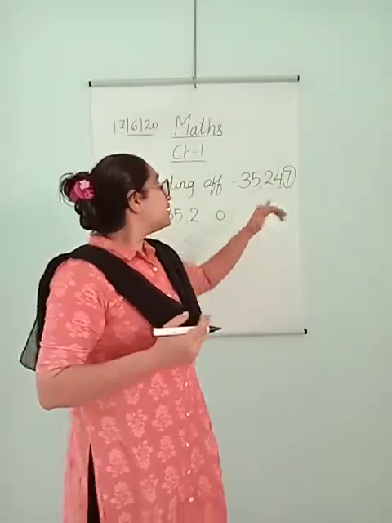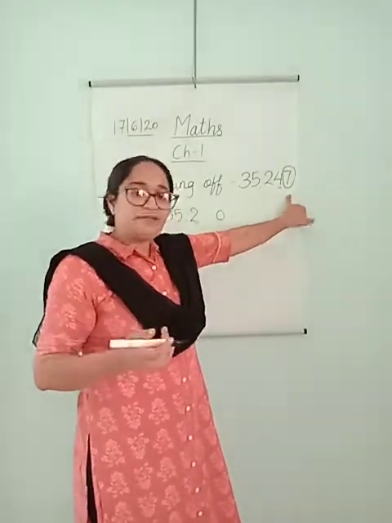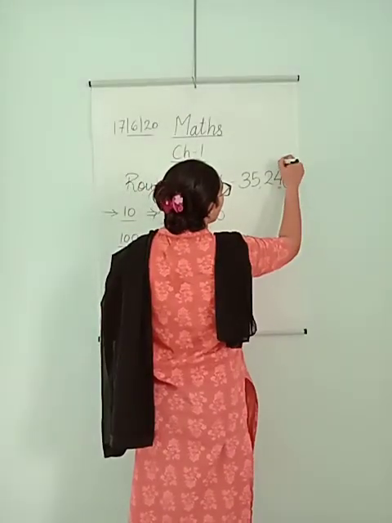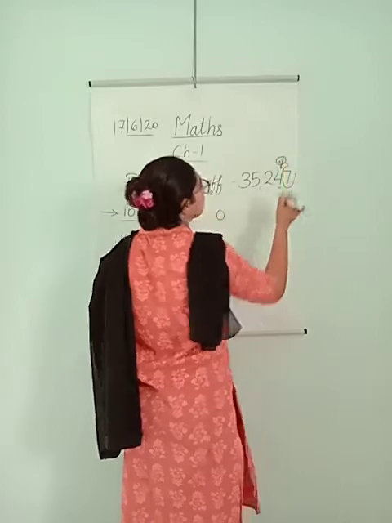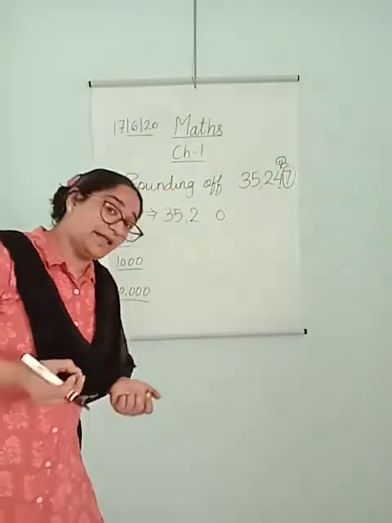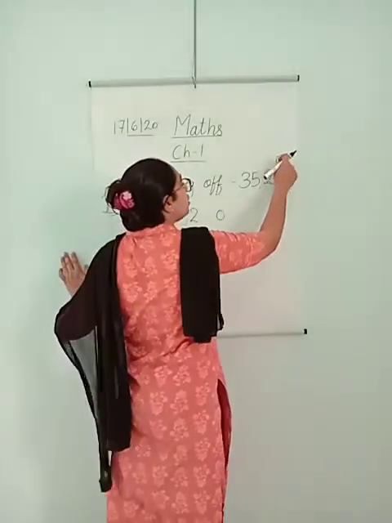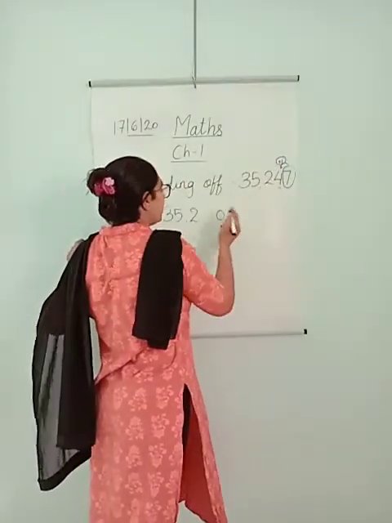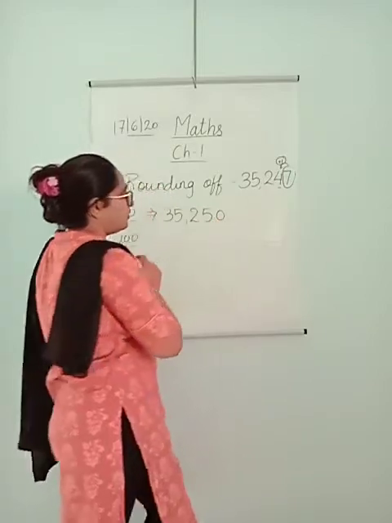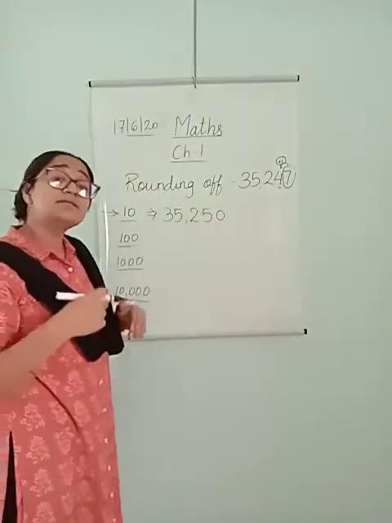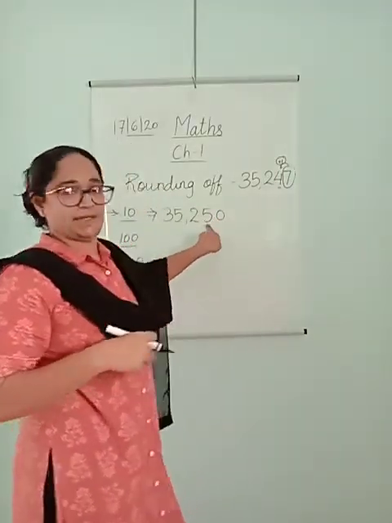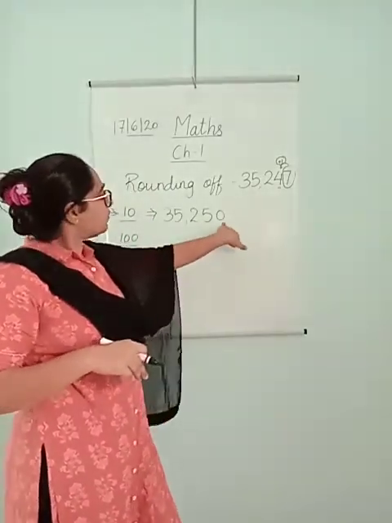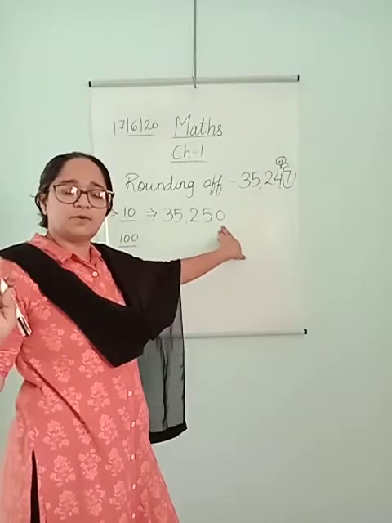Yes, it is. So since 7 is greater than 5, I have to pass plus 1 here. So this number becomes 4 plus 1, 5. This is my number rounded off at the tens place. The rest remains the same, and after it, whatever is there becomes 0.